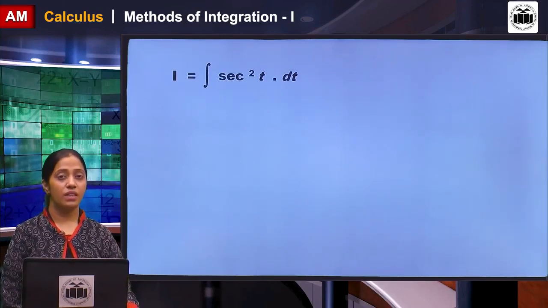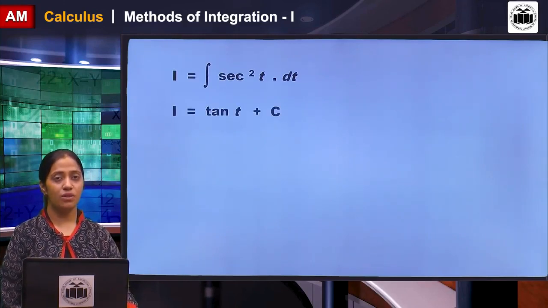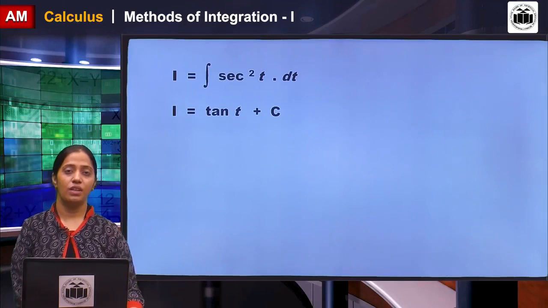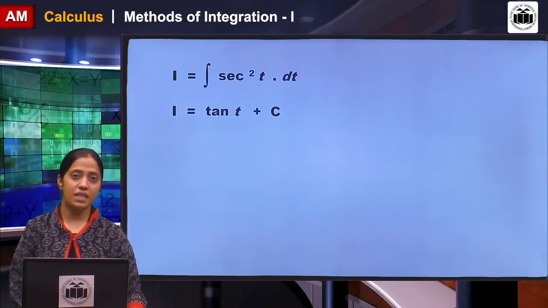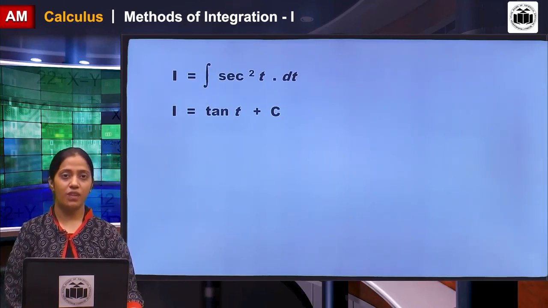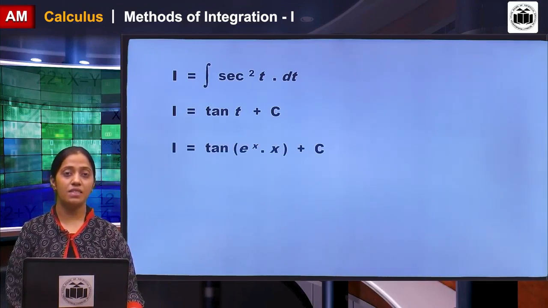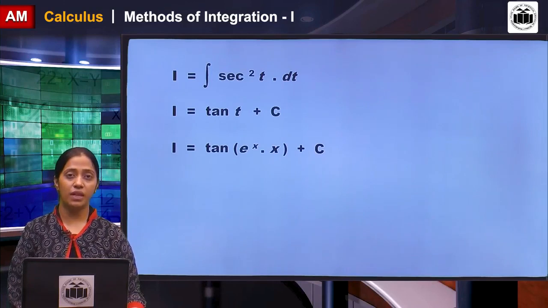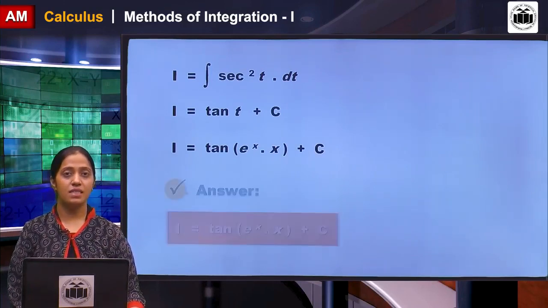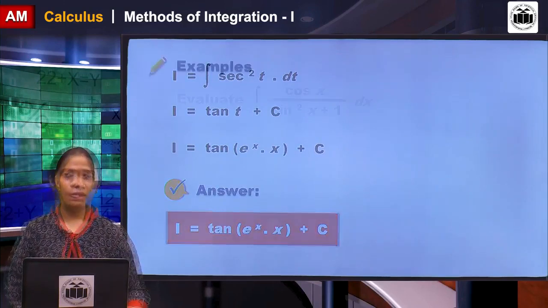The integration of sec square is tan t plus the constant of integration. Now we got a value. After this, what is the last step? Resubstitute the value of t. And what t have we taken? It is e raised to x into x, plus c. This is the final answer.